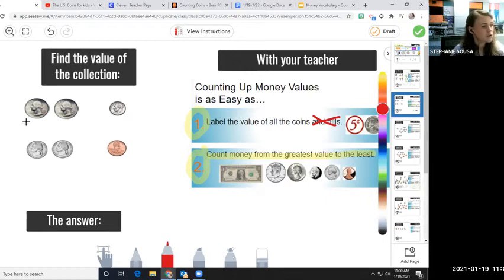We have 2 quarters. Quarters are worth 25 cents each, so I'm going to write 25 by each quarter to show that it has a value of 25 cents. We have 1 dime. A dime is worth 10 cents.